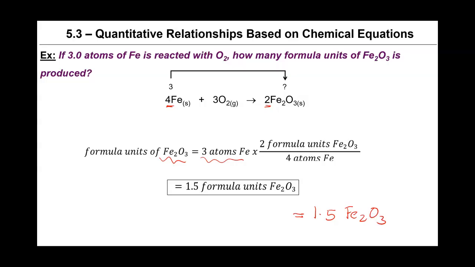So it's not too bad, right? It's pretty easy. We're just using the information contained within the coefficients of our balanced chemical equation to determine the amount of product that we're going to be producing.